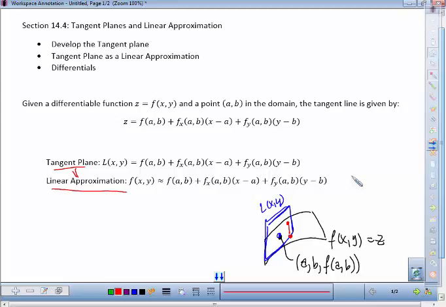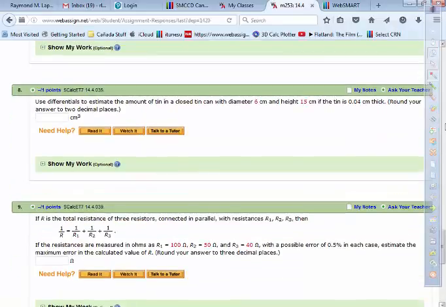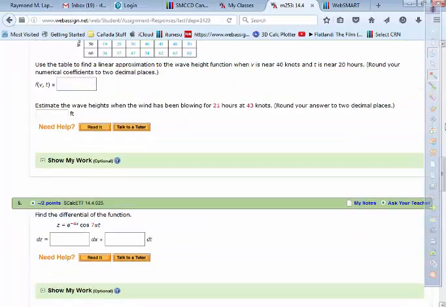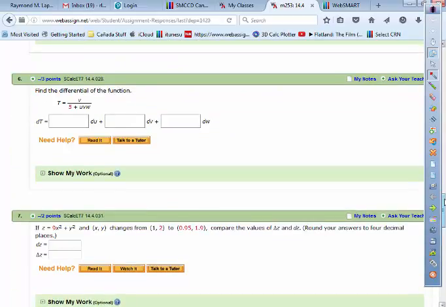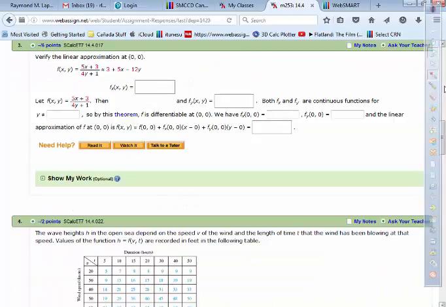So, see if we can find an example. I was trying to look at the problems in your homework to see if there's a good example for this. Verify.